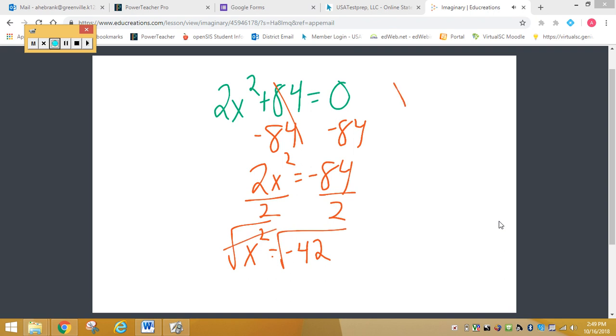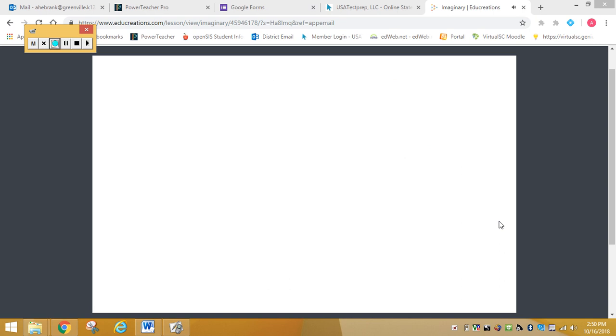So I get x equals the square root, could be a positive or a negative, of negative 42. Okay, so I can take that negative out with an i. So x could equal plus or minus i square root 42. So that gets you through with the front side of the page, or the first page.